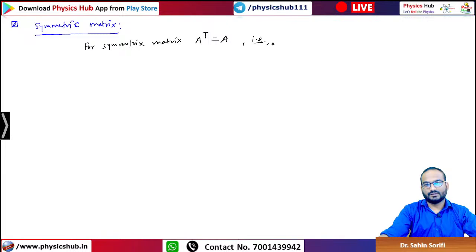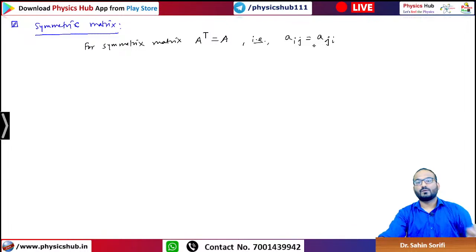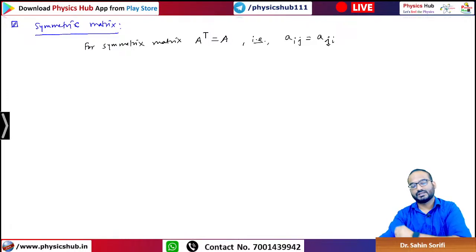In terms of the matrix elements, you can consider Aij is equal to Aji. Means if you consider A12, A21 will be same. A13, A31 will be same.